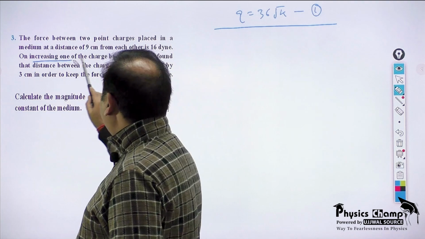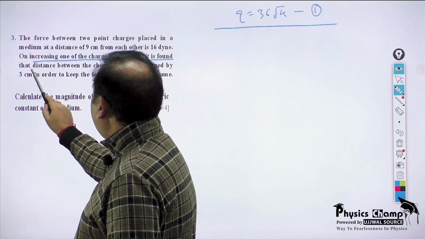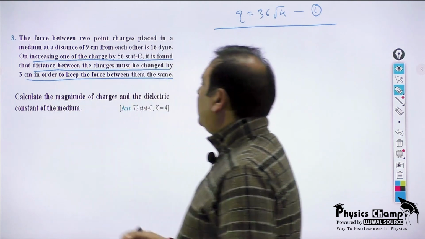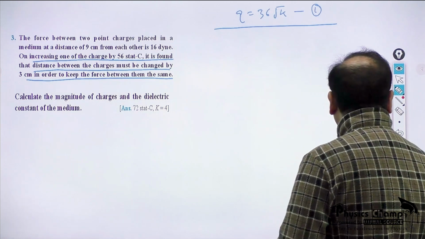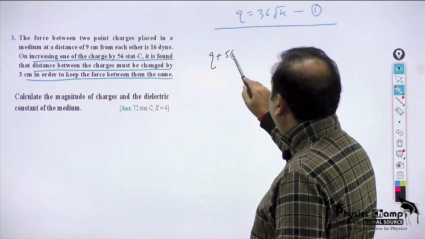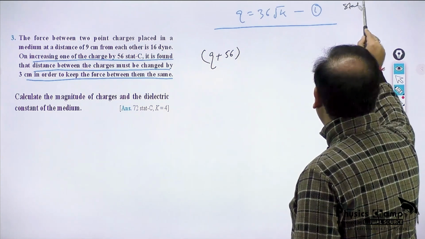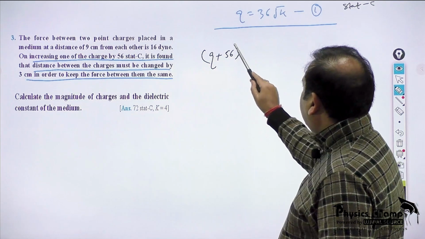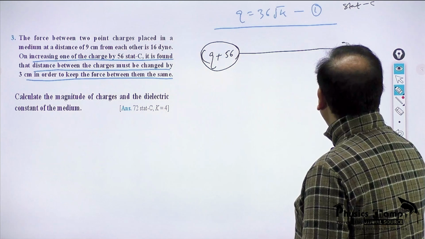On increasing one of the charges by 56 stat Coulomb, it is found that the distance between the charges must be changed by 3 centimeter in order to keep the force between them the same. So in the second situation, on one of the charges we are adding, Q plus 56, and yes, it should be in stat Coulomb because we are using everything in CGS. One charge is now Q plus 56, the other charge is still the same.